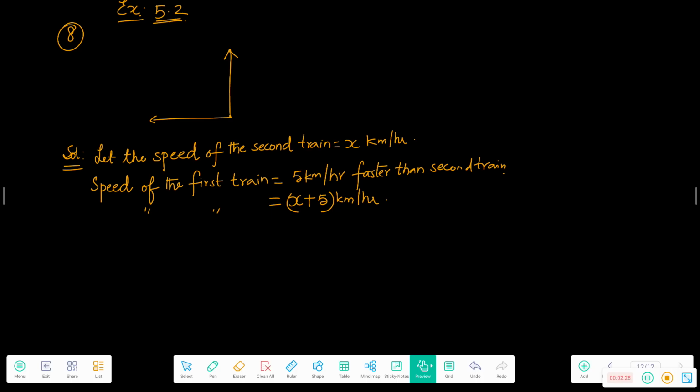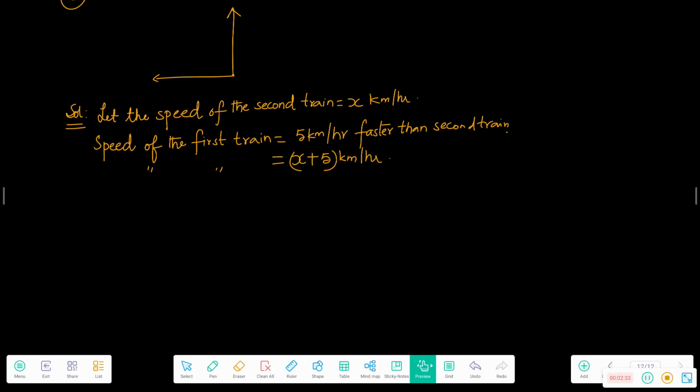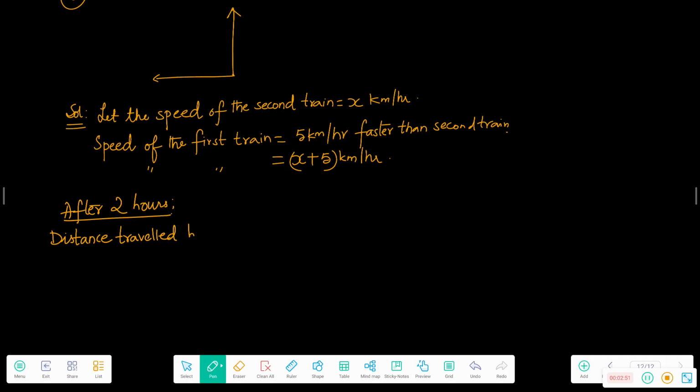After 2 hours, the distance traveled by the first train is, distance is speed into time.